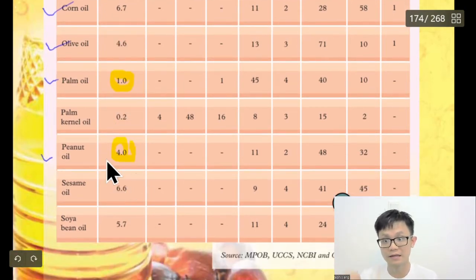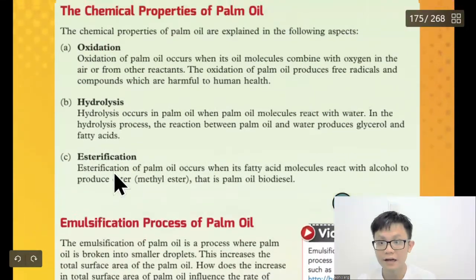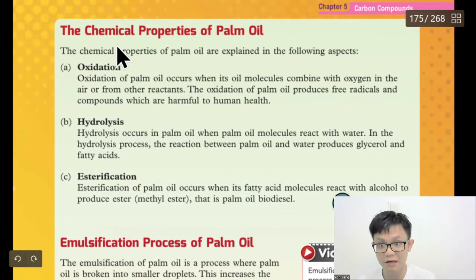Okay, balance. Now we want to go to the chemical properties of palm oil. So what are the few aspects that we want to explain? One of the aspects is the oxidation of palm oil, where the molecule combines with oxygen.